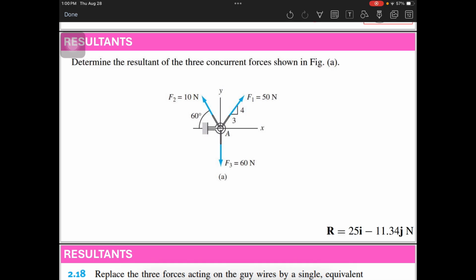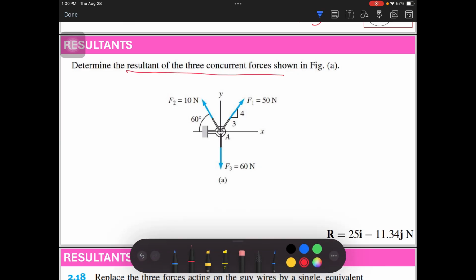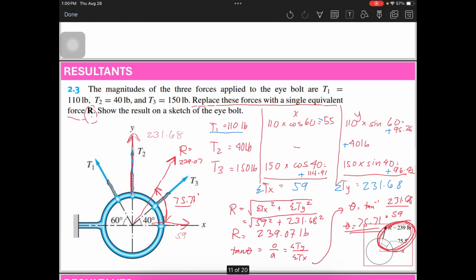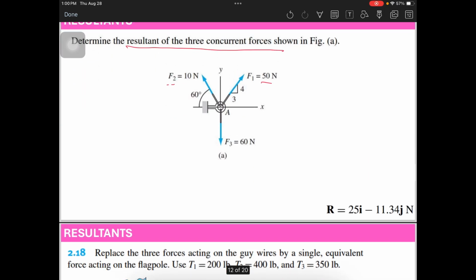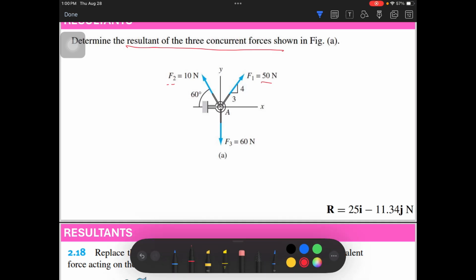Determine the resultant of the three concurrent forces. So, ano yung mga forces natin? Applied forces, F1, F2, F3. Kunin natin yung resultant. So, kanina, medyo pa-tabulate form tayo. Ngayon, let's make it medyo shortcut. In equation form natin, dire-diretsong equation.